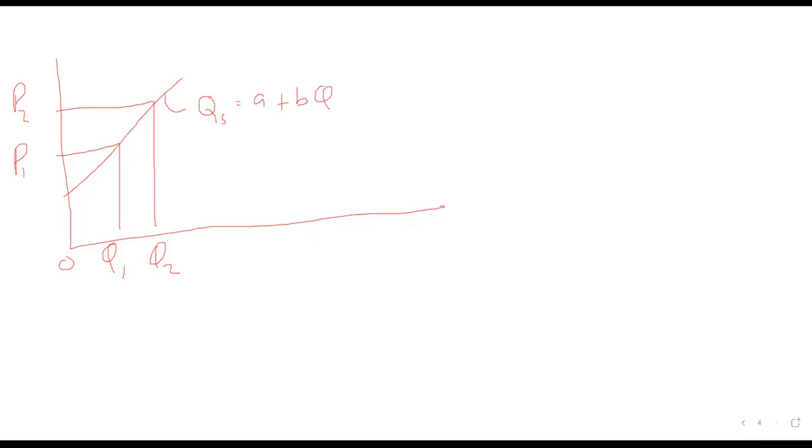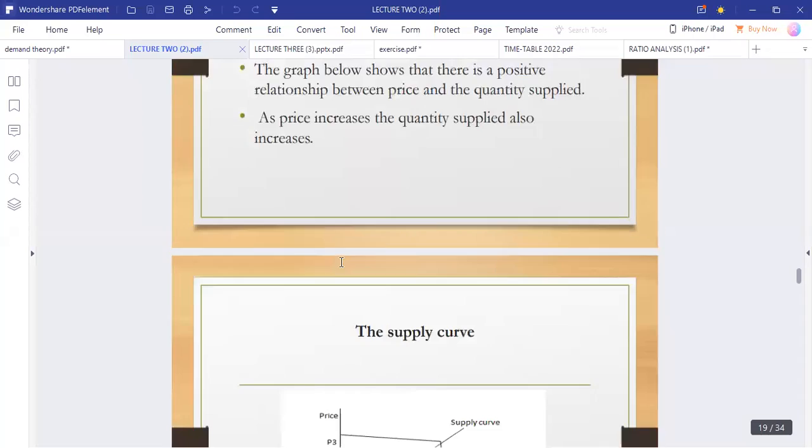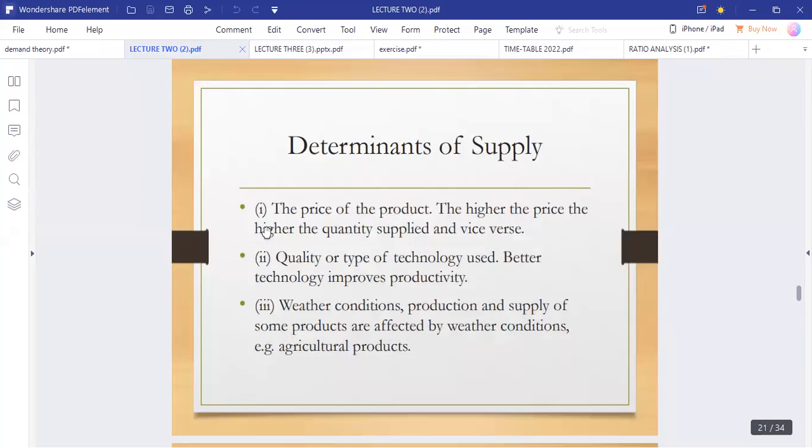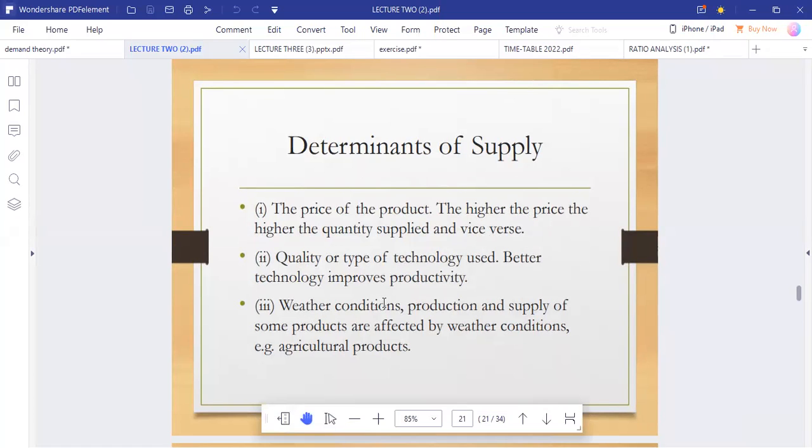So there are some factors that affect supply that we need to know. What are some of the factors that affect supply? Number one, the price of the product. If the price is high, you supply more. If the price is low, you supply less. The other factor is the quality or type of technology. If there's good technology, productivity will be high. The other factor is the weather conditions.